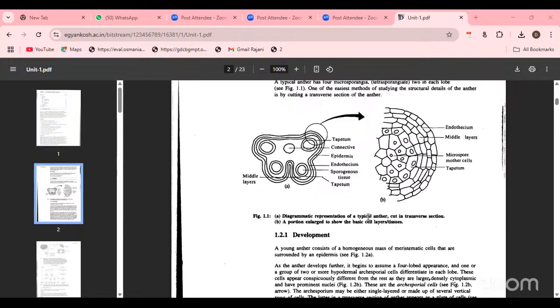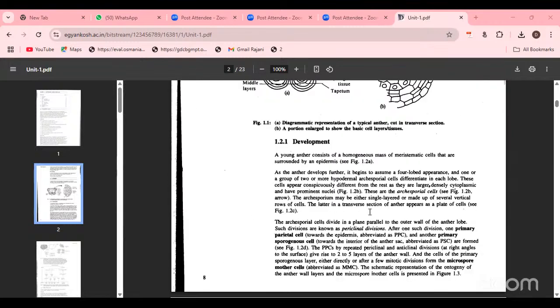And how does the anther develop? A young anther consists of a homogeneous mass of meristematic tissue. In the starting stage, how does the anther develop? Where the development starts, in that part the meristematic tissue is present. Here also, the young anther consists of homogeneous tissue. There are two types of tissues, homogeneous and heterogeneous.